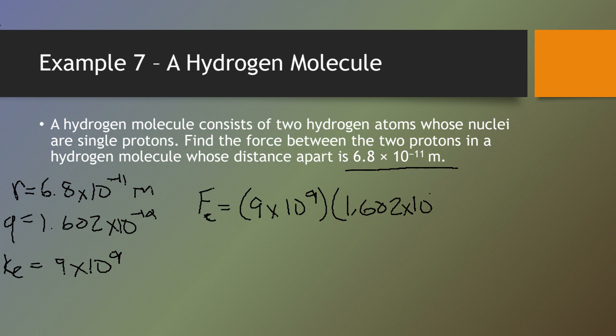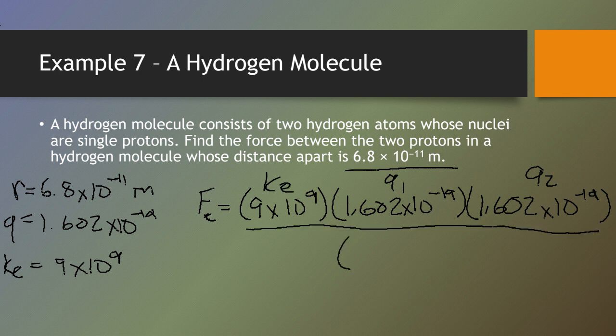And now there are two protons, so we need to multiply it times the charge of each. Q1 for the first one, Q2 for the second one, and then our electric force constant, divided by R squared, so 6.8 times 10 to the minus 11 squared.